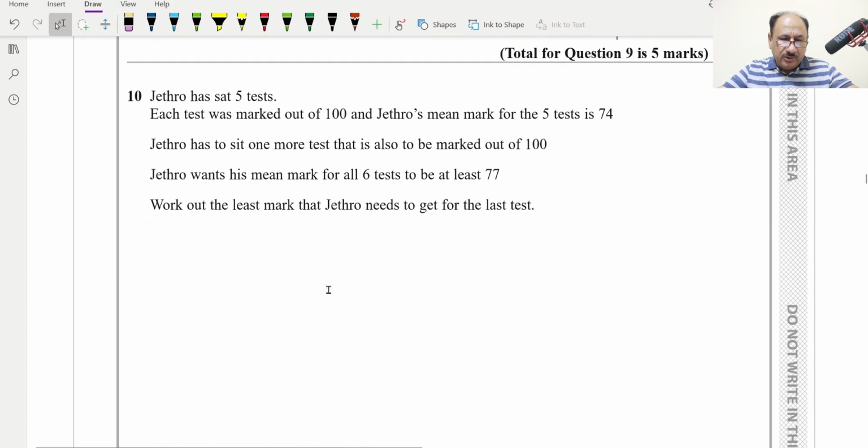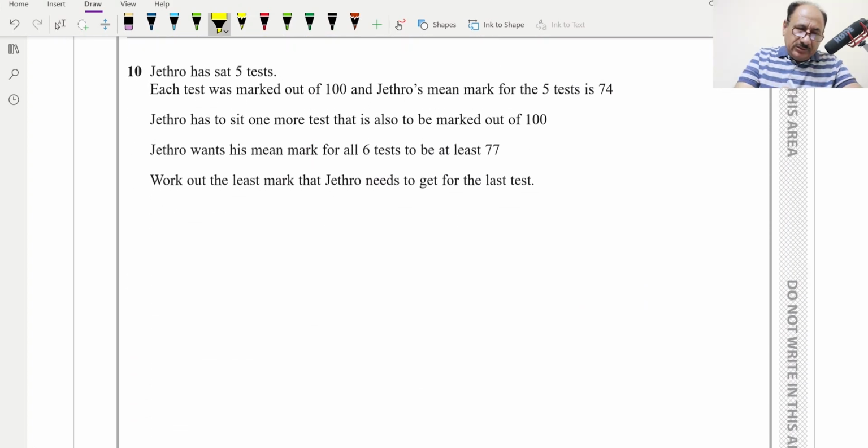Hopefully you understood this. Question number 10. Jethro has sat 5 tests. Each test was marked out of 100, and Jethro's mean mark for 5 tests is 74.